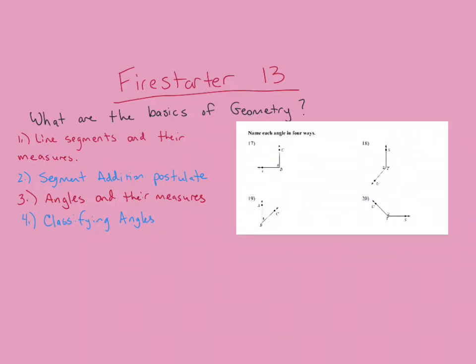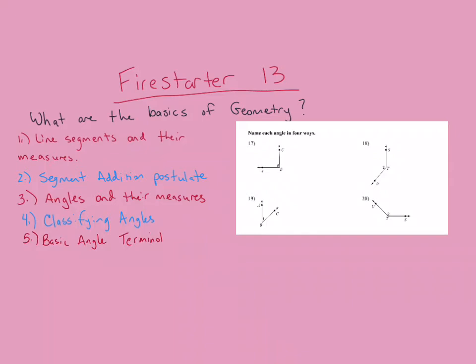All right, the next thing we're going to talk about is how to name an angle. So basically the idea there would probably be basic angle terminology. So basic things about angles. What are vertices, how are angles made up, what types of angles there are.